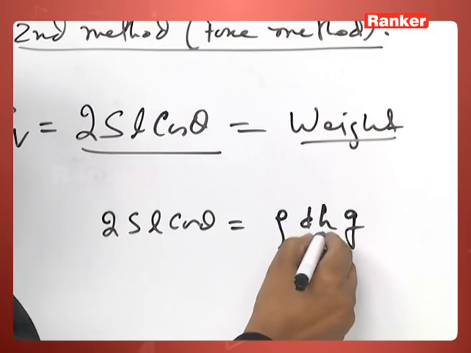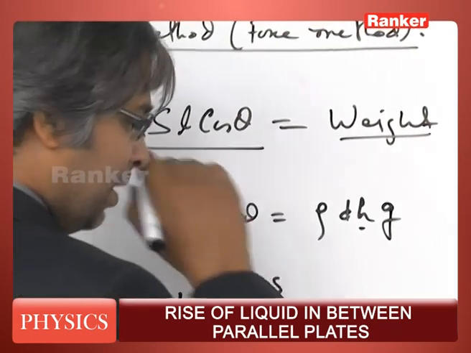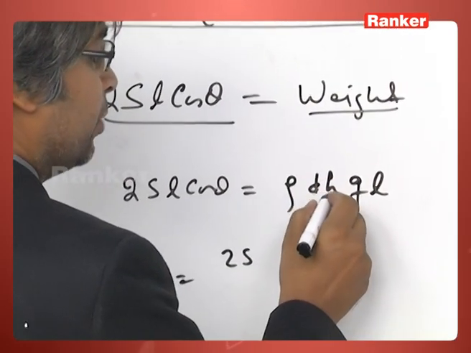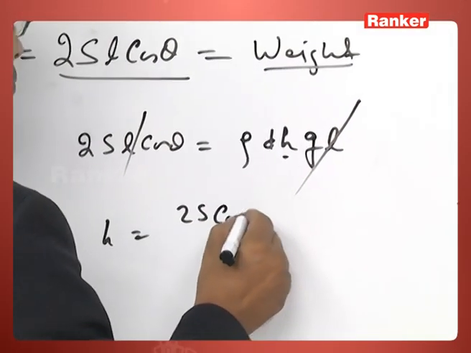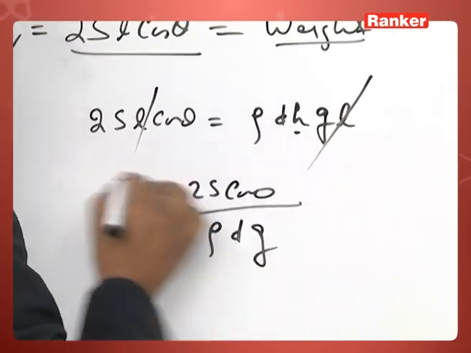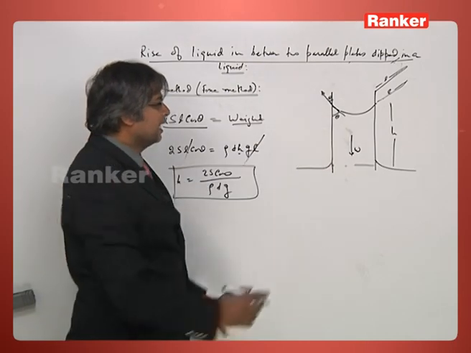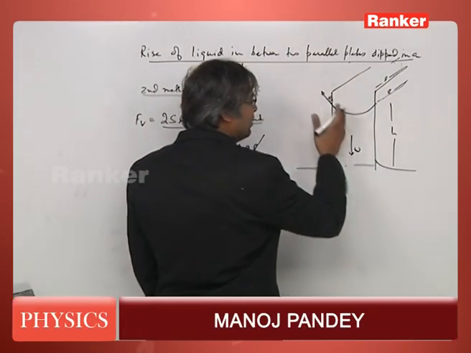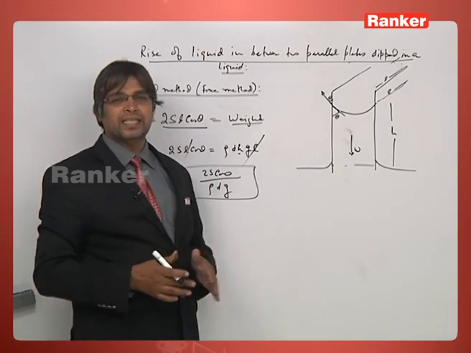I want only the height H. So, this is 2S, and one thing, L is also there, since D into L is the area, so this L cancels, giving H equal to 2S cos theta by rho D g. So this is the expression for the rise of liquid in between two closely spaced plates placed inside a liquid.